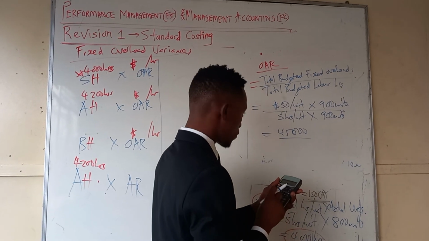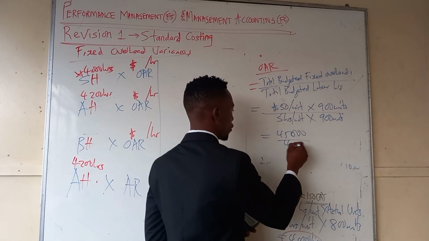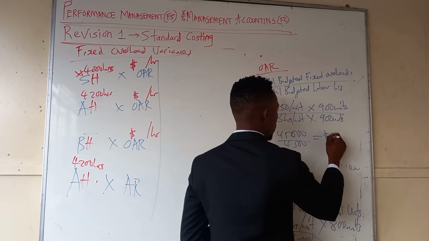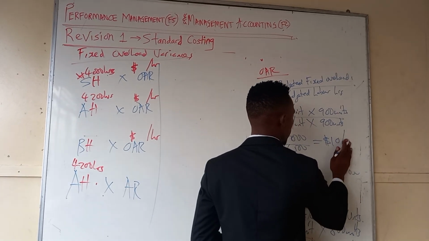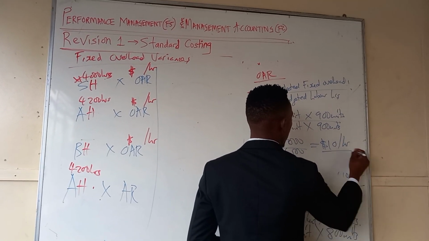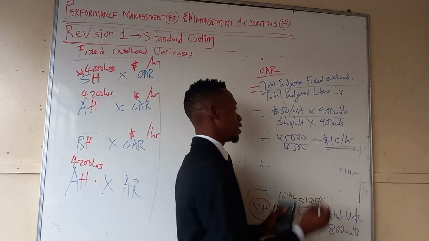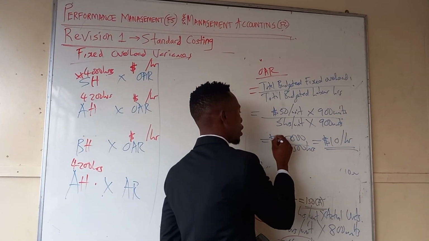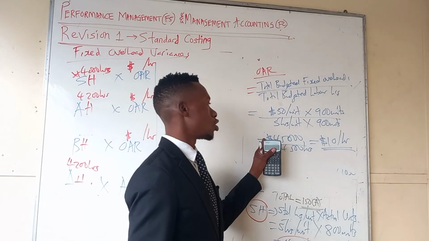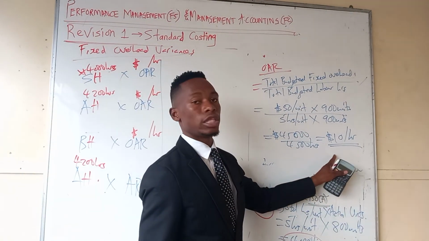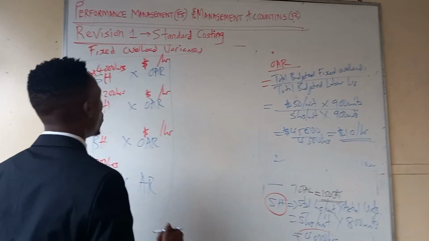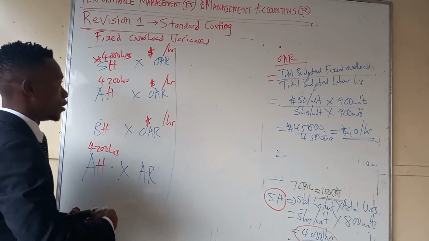Then, that's 4.5. You get an OAR of $10 per hour. It's no longer called per unit because we have divided with the number of hours. So the cost divided by the hours, you get the cost per hour. So we have the OAR of 10 here.